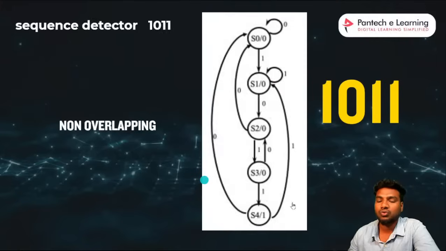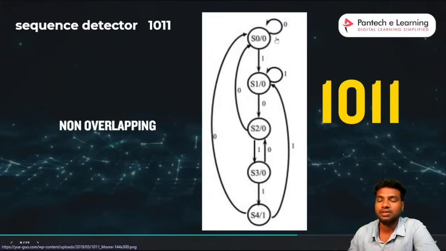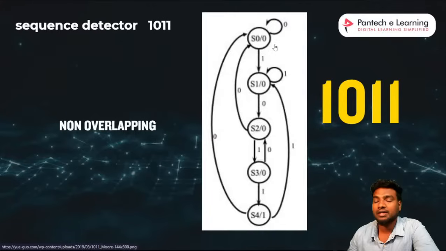So this is the difference between overlapping and non-overlapping. The remaining things are the same: the state transitions. In the final state only, the S4 state, we have to check whether it goes to the initial state or to some part of my sequence. If it goes to some part of my sequence, this is overlapping. If it goes to the initial state of my sequence, this is non-overlapping. So basically S0 is like a reset or restart state.